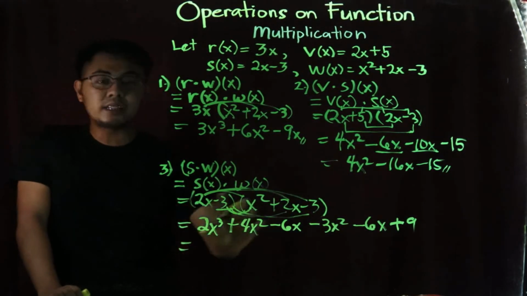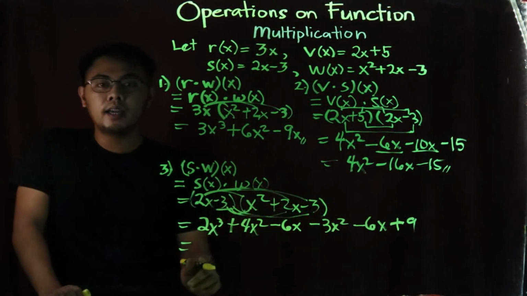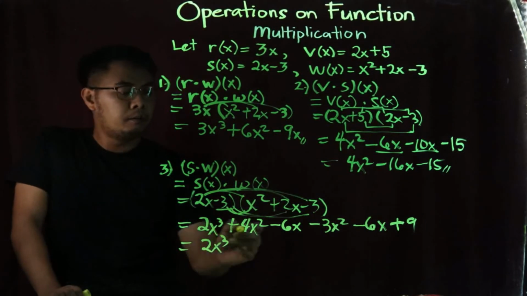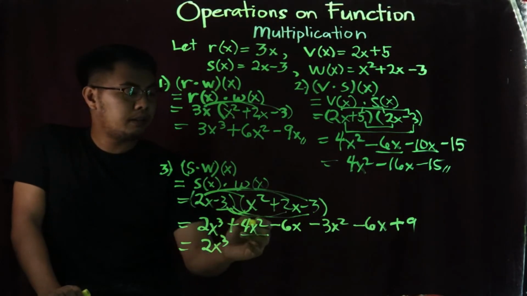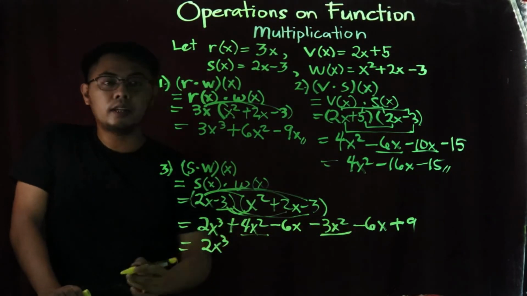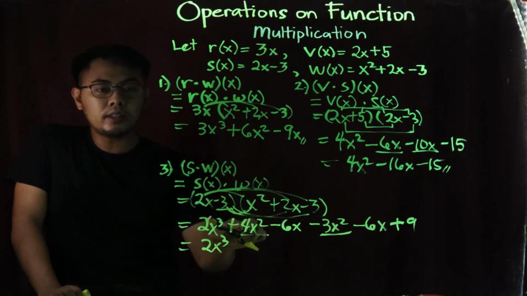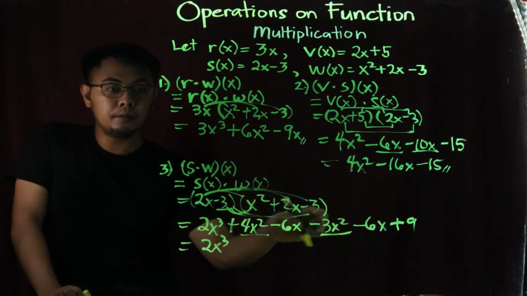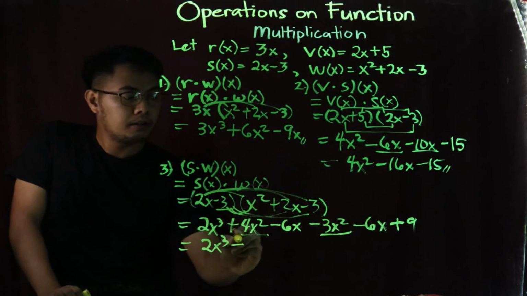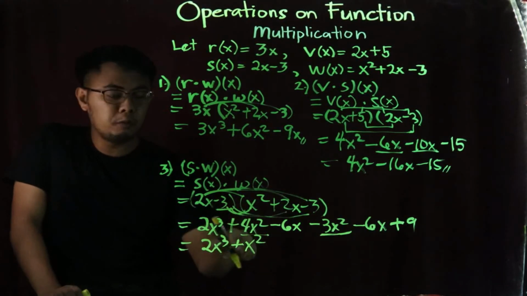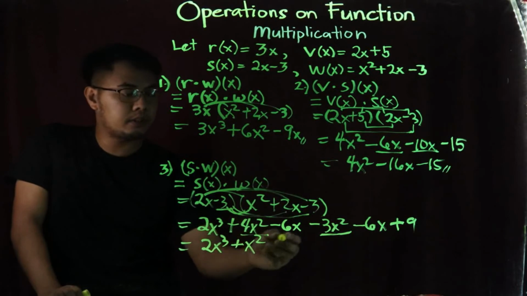Then combine similar terms. Si 2x cubed, wala siyang kasimilar kasi wala nang ibang x cubed. So, kopyahin lang natin x cubed. 4x squared meron. Kasimilar siya kay negative 3x squared. Parehas silang x squared. So, ang gagawin natin sa coefficient, 4 minus 3, that is 1. X squared na lang. Invisible yung 1, copy the variable x squared.